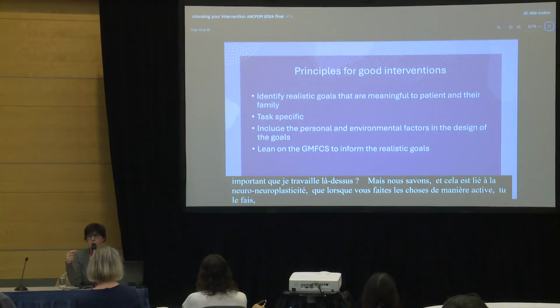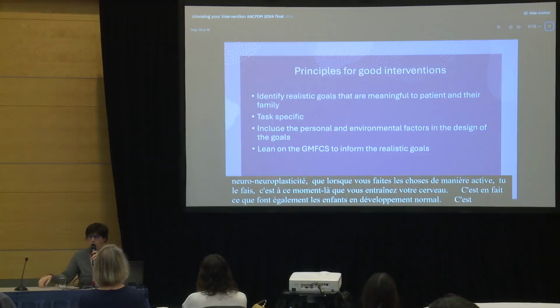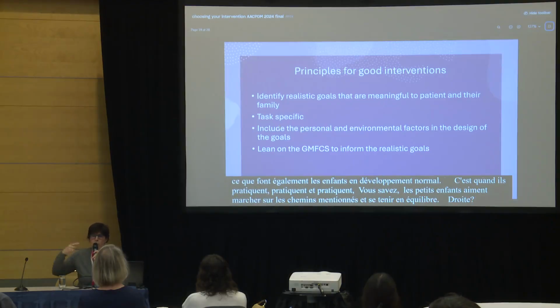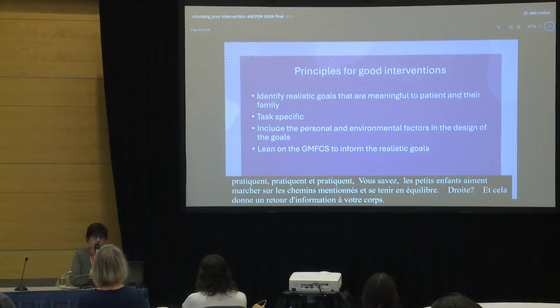It's actually what also typical developing children do. It's when they practice and practice and practice. You know, little children like to walk on the sideways and to balance, right? And it gives the feedback to your body. You need that loop back and forth, so that it trains. So task specific is really important.